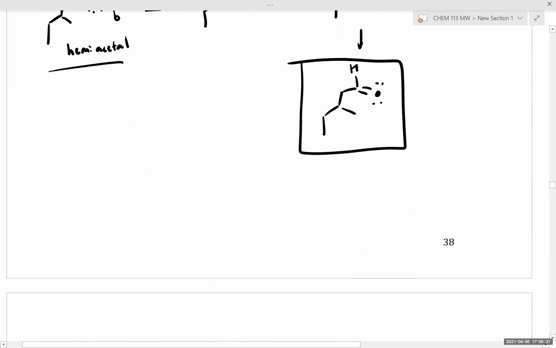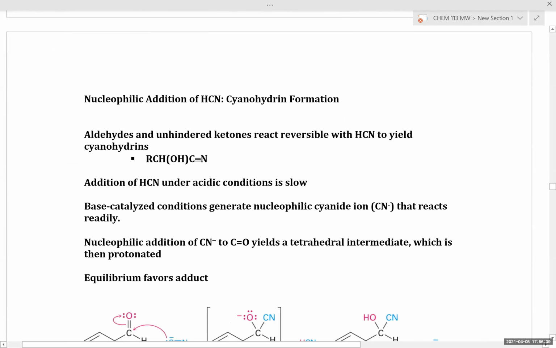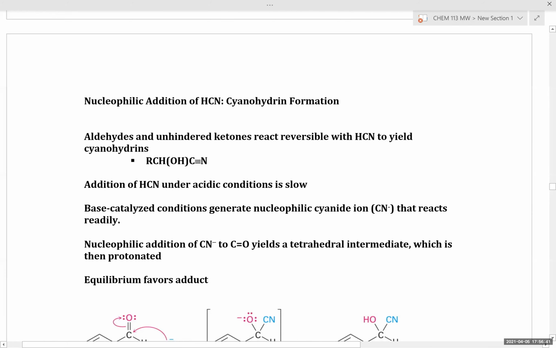Okay, so let's now talk about another variant of these carbonyl addition reactions, which involves nucleophilic addition of hydrogen cyanide to make what's known as a cyanohydrin. So aldehydes and unhindered ketones react reversibly with hydrogen cyanide to yield cyanohydrins.